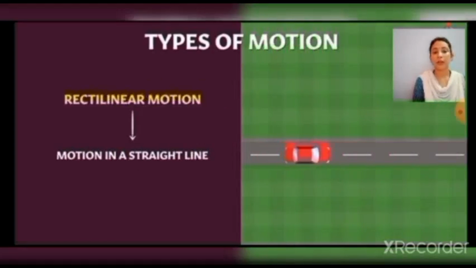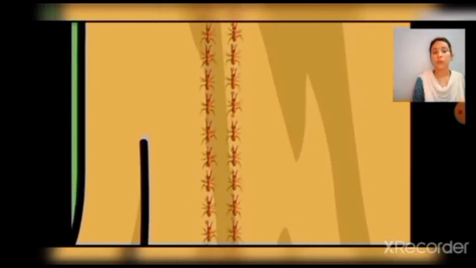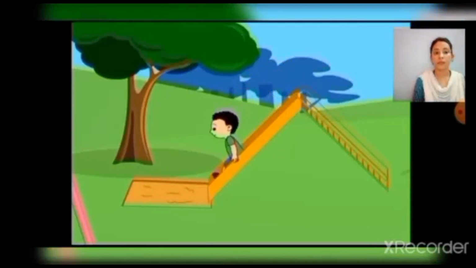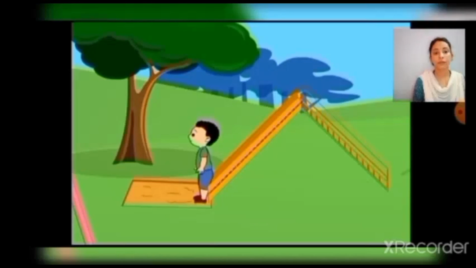This car has rectilinear motion. Movement of ants. See this boy sliding off? All these are examples of rectilinear motion because they move in a straight line.